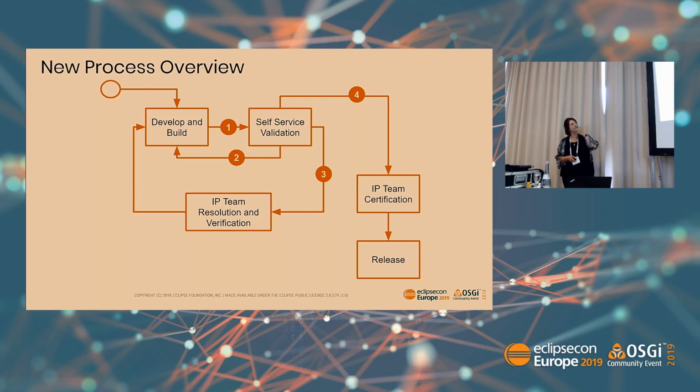And then you release. So the whole idea is that when you're developing, you're not locked into anything. We start that process early enough so that by the time you get to an IP certification, there are no surprises for you. The tool's already telling you along the way whether you're good or you have issues.